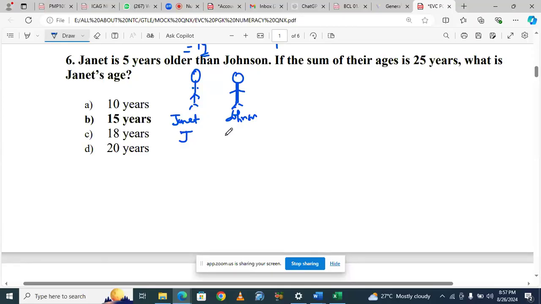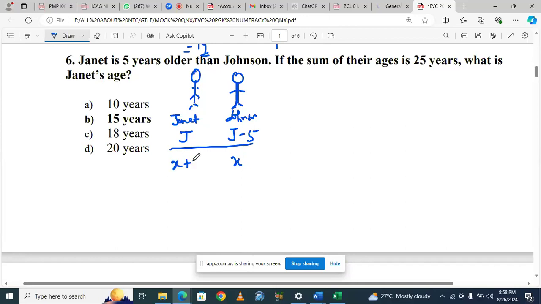So there are two ways. We can say Janet is J, then Johnson is J minus 5. Or we can say Johnson is X, then Janet is how many years old?